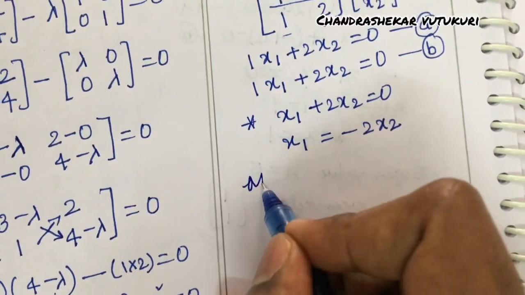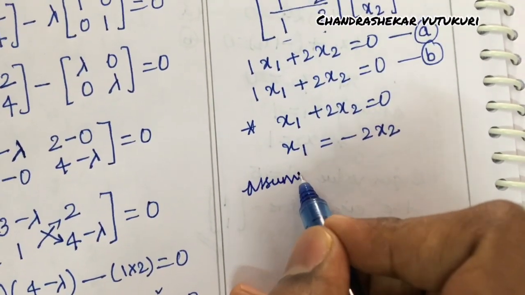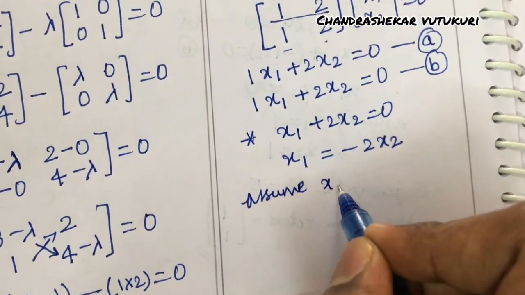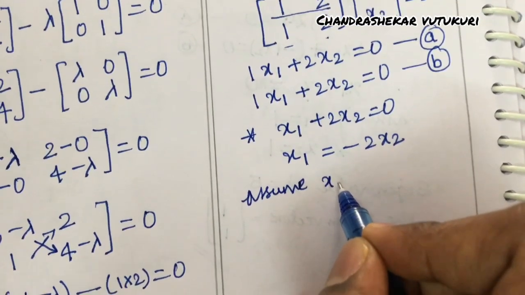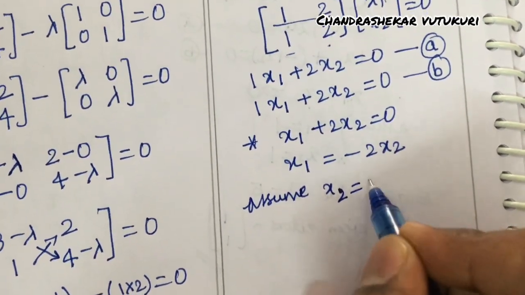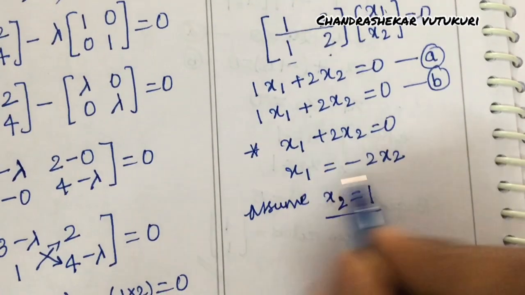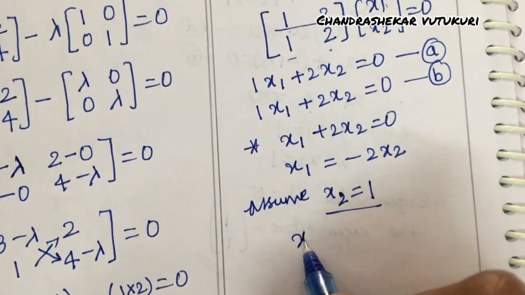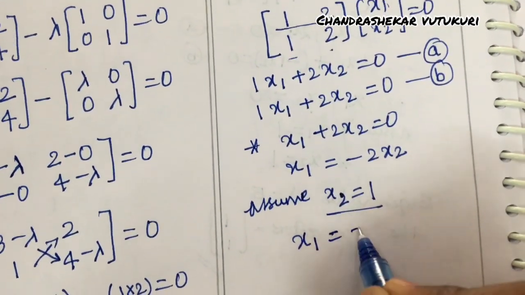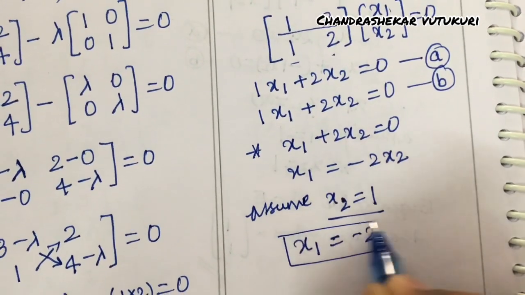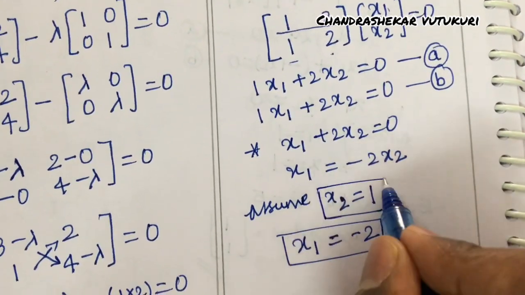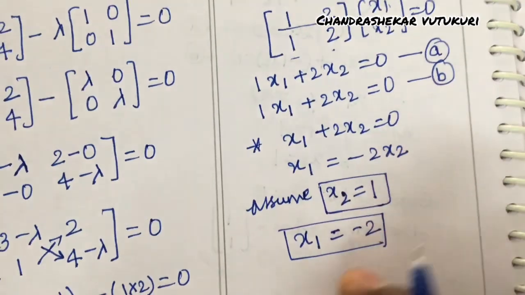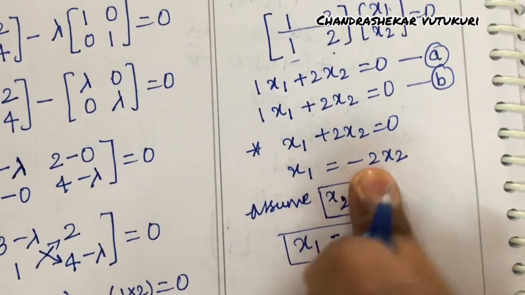Now, let us assume x2 equals 1. So, this further reduces to what here? So, x1 equals minus 2, isn't it, dear students? When I substitute this assuming x2 equals 1, my x1 will become minus 2.